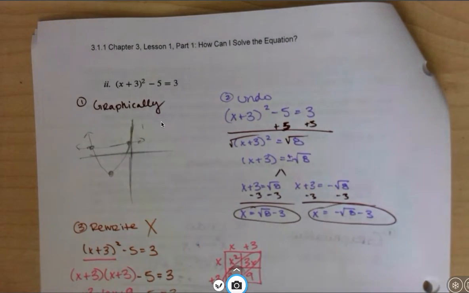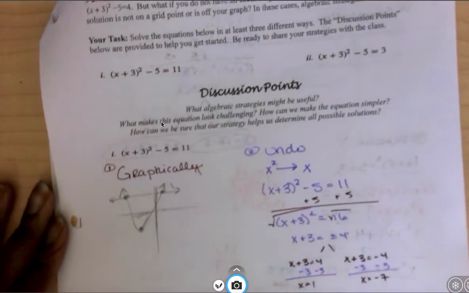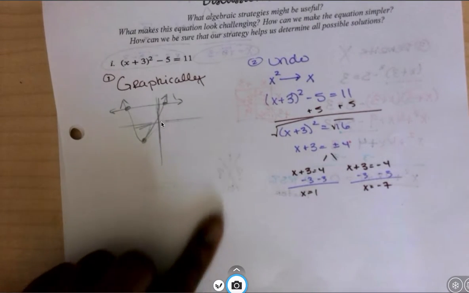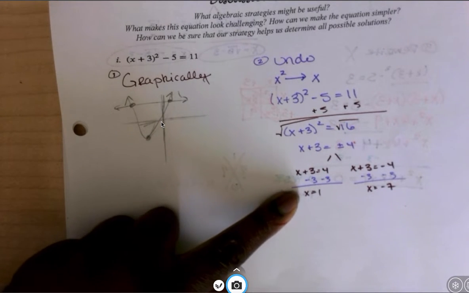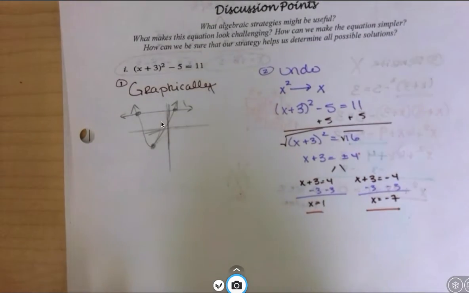However, let's see if it would have been the best idea to rewrite or to undo some of the examples that we've already done. So I'm going to go back one, and here is one of our examples where we actually already graphically found it and we undid it. Notice how when you undid this one here, they gave us integers.